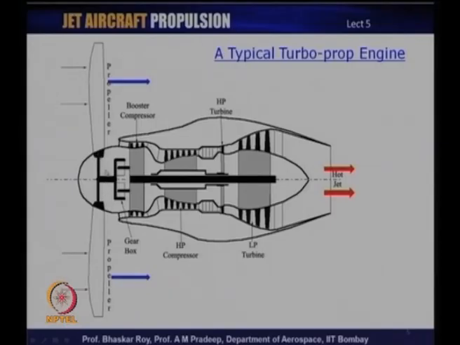So, a turboprop has to have a gearbox before the power is sent to the propeller, because as I said, the propeller runs at a much lower RPM, normally of the order of 1000 to 1500 RPM, whereas the turbine compressor spool often runs at many thousands of RPM, quite often of the order of 8 to 10,000 RPM. So, this is a typical turboprop engine, or as some people call it, a prop jet engine.